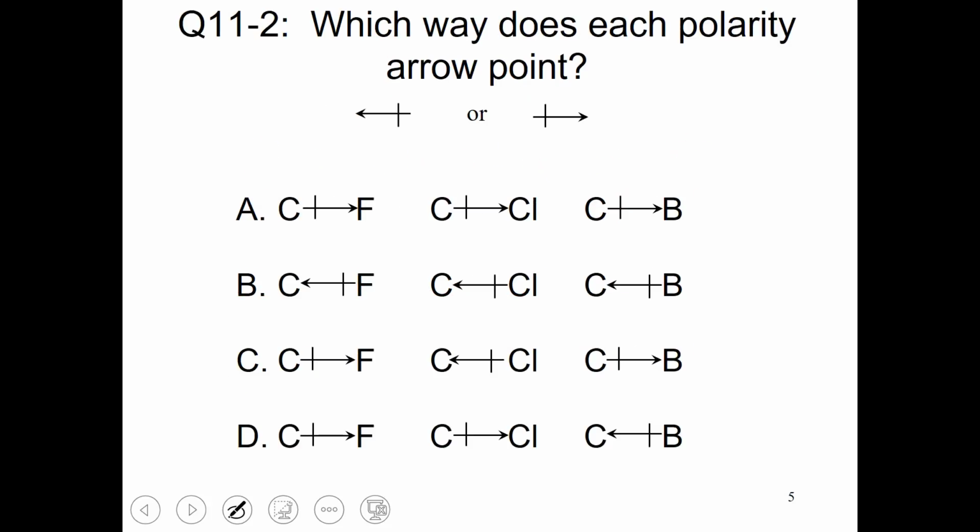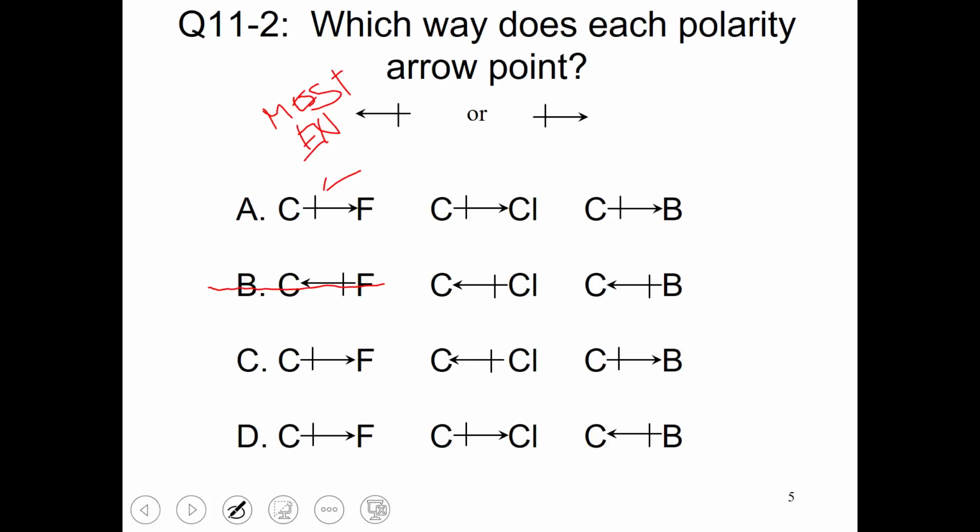This question asks, which way does the polarity arrow point? And remember that the tip of the arrow is going to be toward the most electronegative. So between carbon and fluorine, I think you have probably memorized that fluorine is more electronegative. So that is correct for that choice.